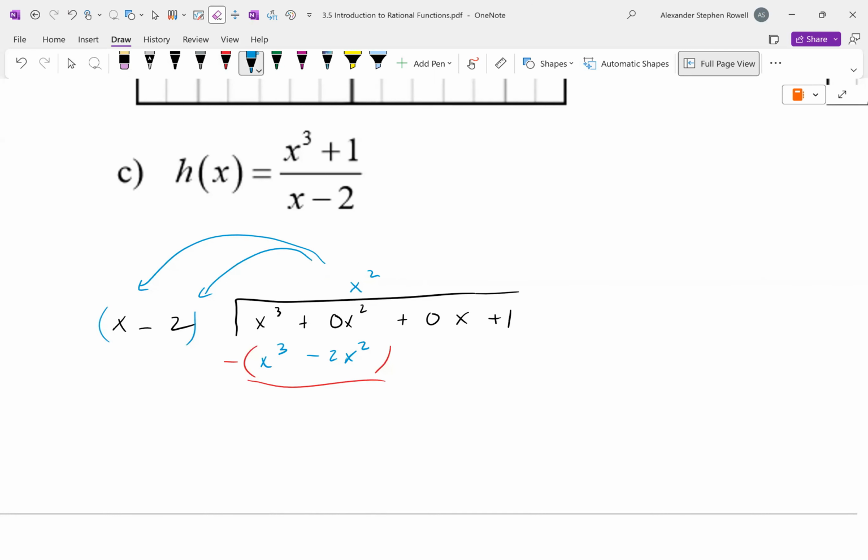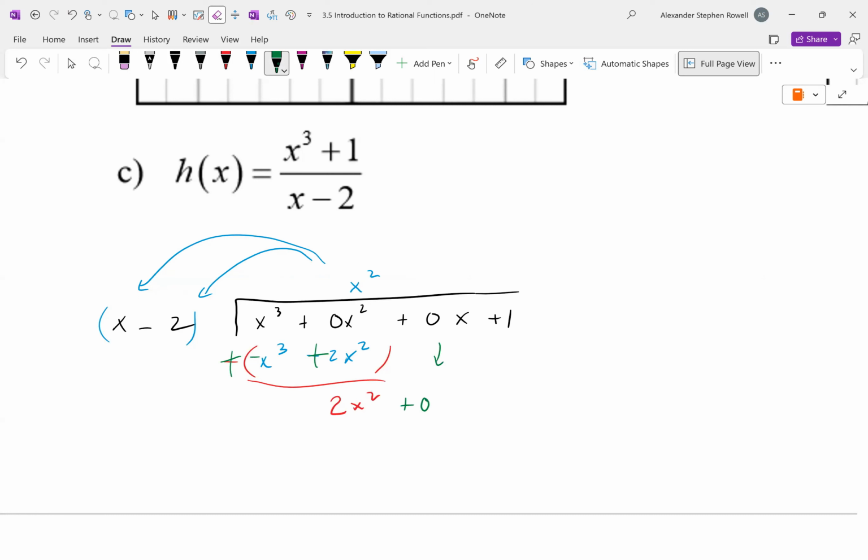It's x cubed, right? If I subtract, x cubed minus x cubed is 0. What about the x squareds? 0 minus negative 2x squared is positive 2x squared. So maybe we should distribute the negative sign and then add.